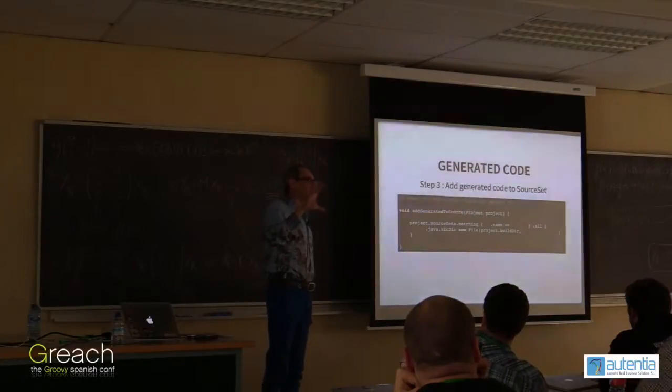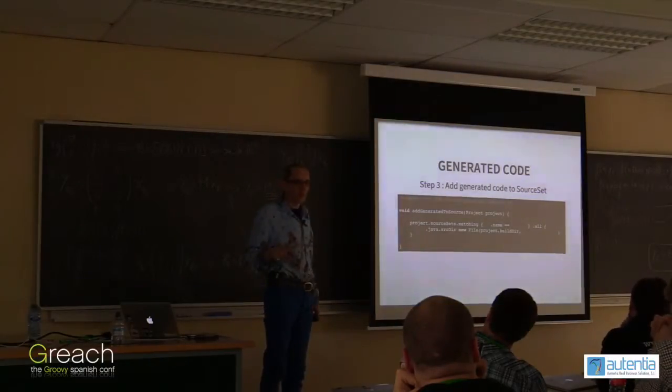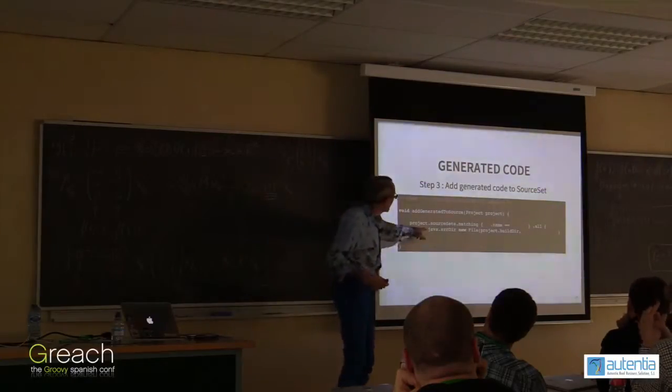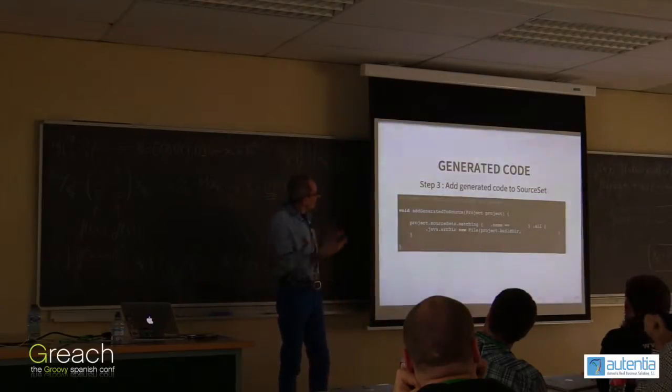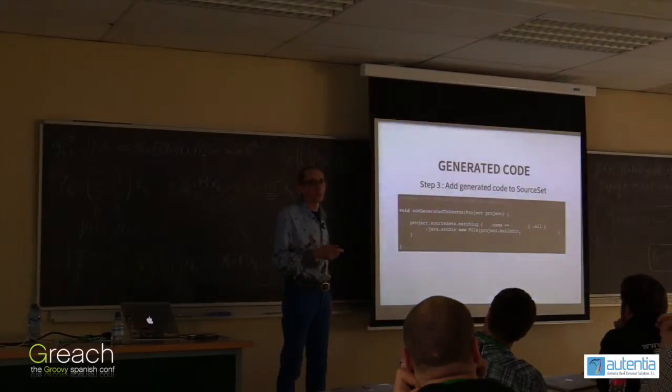So if you're writing Java code or Groovy code, normally you lay out the source, main, etc. And then the source debug. Normally those things actually match the name. So I'm going to look for everything through main, and then I'm going to actually find all of my source code and just add them into there. And that's a simple way of actually adding more source into a standard source.